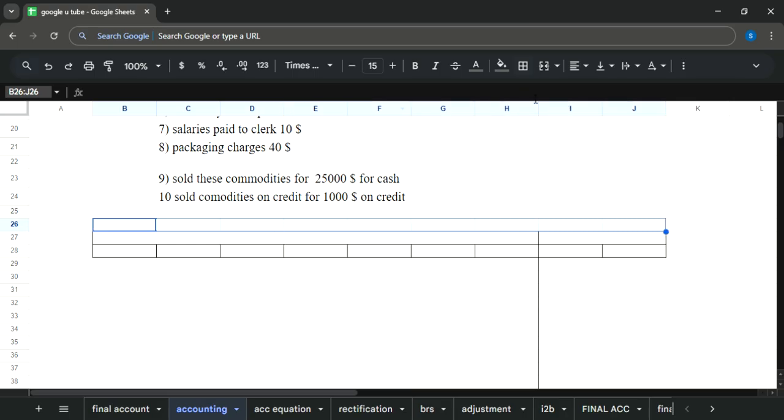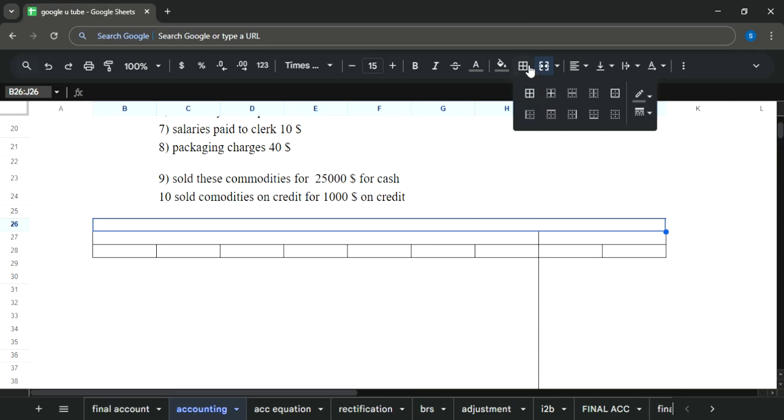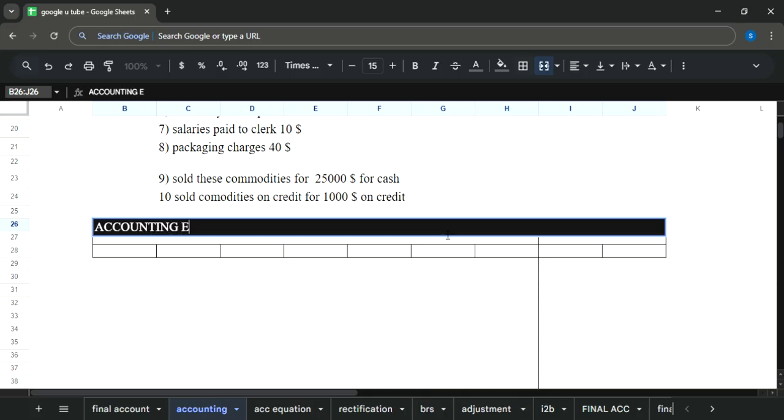Now you can see that we have several rows with different structures. This first structure, you will name it as accounting equation.